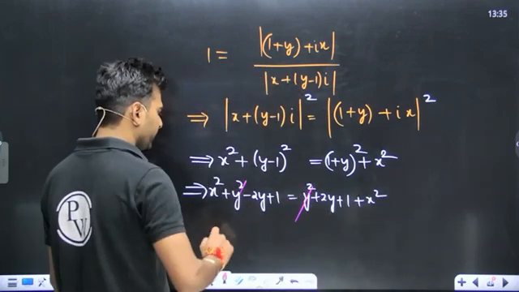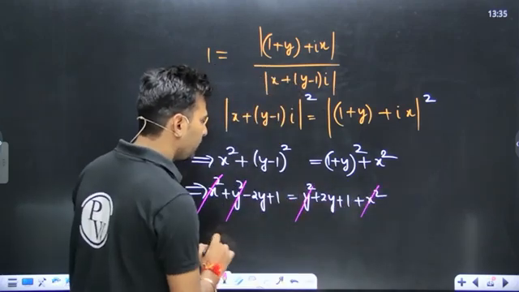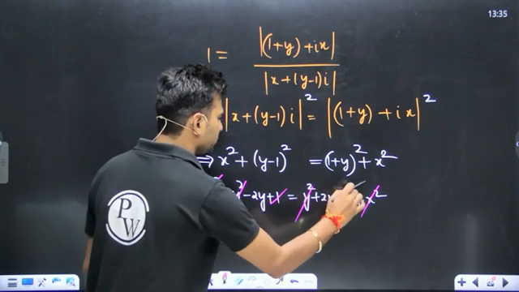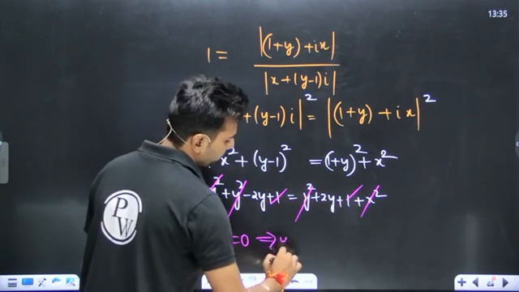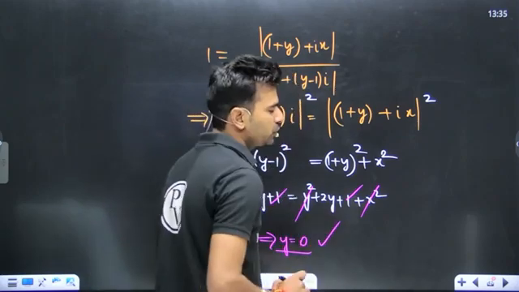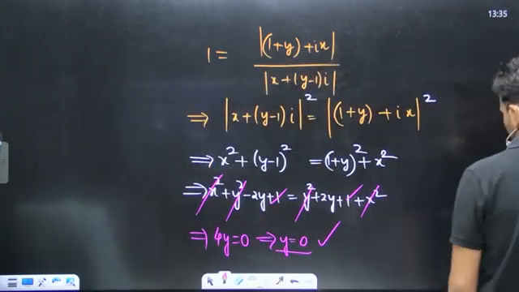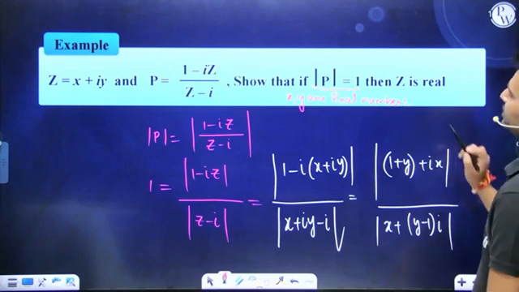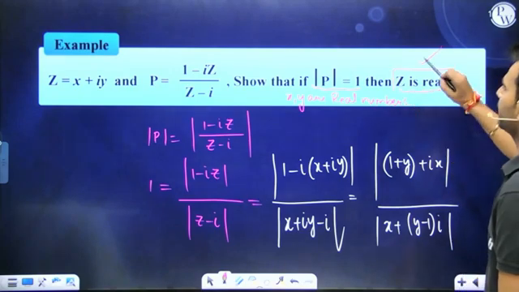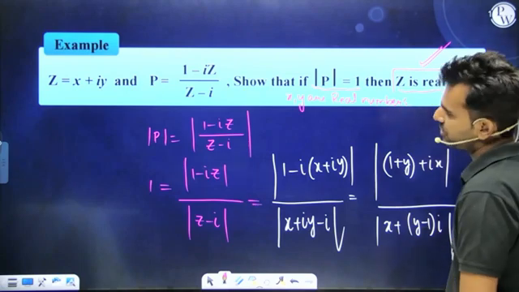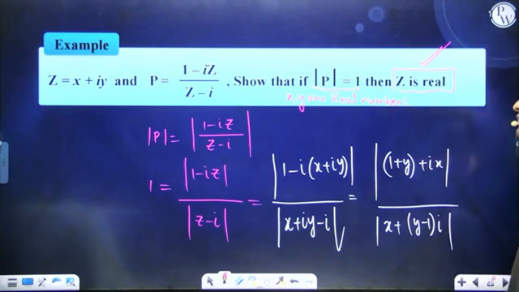So y square and x square cancel, and 1 and 1 also cancel. So you can say that 4y equal to 0, meaning y equal to 0. And if y is equal to 0, then the complex number z is going to be purely real. Anyone having any kind of confusion in this, feel free to reach out to me.